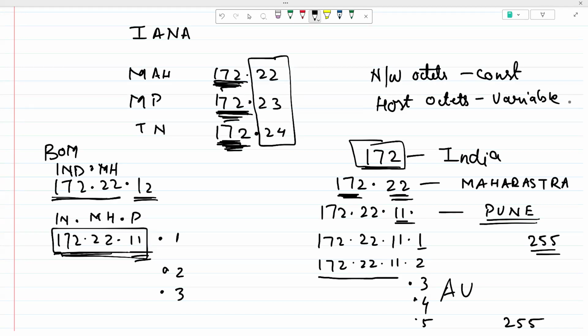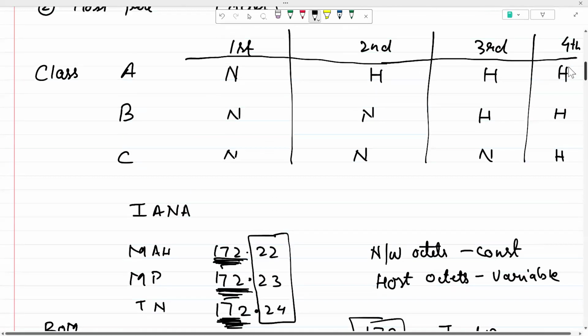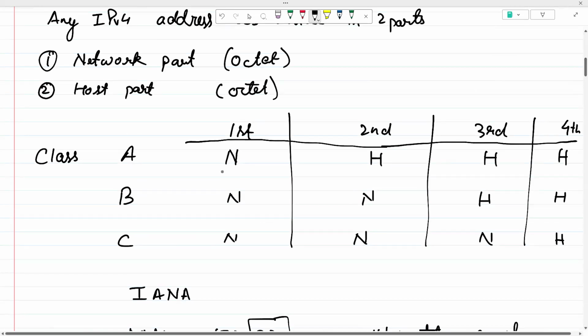Now each class in IPv4, that is class A, class B, class C, has a different set of network octets and a different set of host octets. If I go back to our matrix, class A has only the first octet as the network octet.